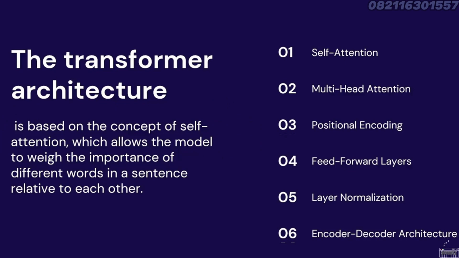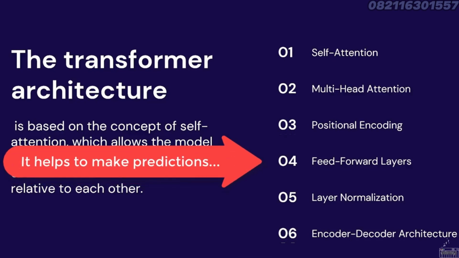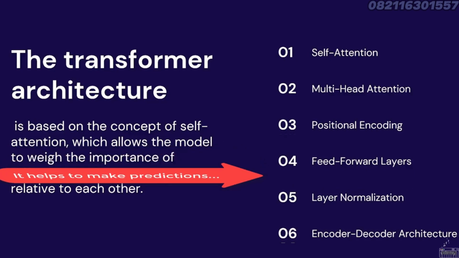Then we have feed-forward layers. In addition to the self-attention mechanism, the transformer includes feed-forward layers that are responsible for processing the information that is aggregated through the self-attention process and making predictions.